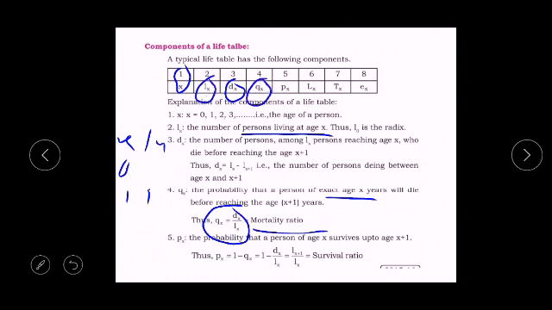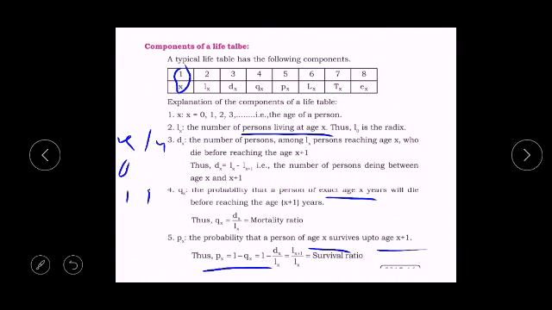Next comes px. So px is the survival rate, that is, how many individuals of age x will survive up to age x plus 1. So the formula is very simple here. px is equal to 1 minus qx.